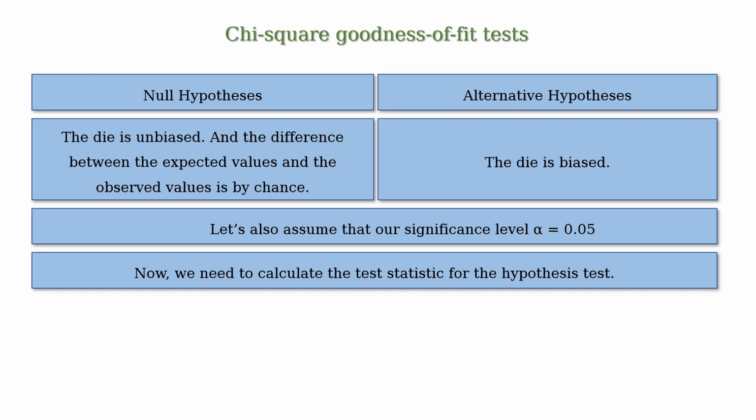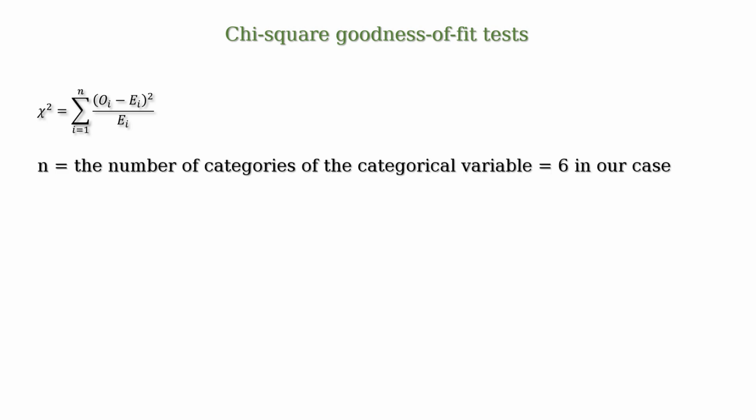In the chi-square goodness of fit test, the test statistic is calculated using the following formula. Chi-square is equal to summation from i equal to 1 to n of (Oi minus Ei) whole square divided by Ei, where n is the number of categories of the categorical variable, that is 6 in our case.